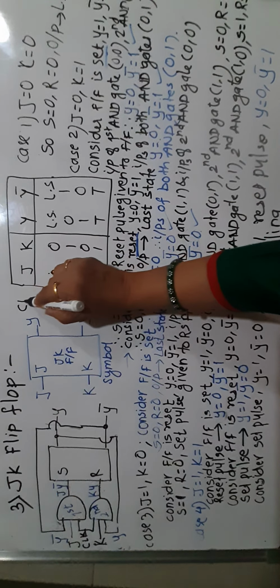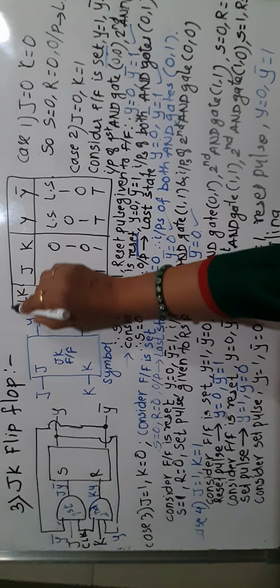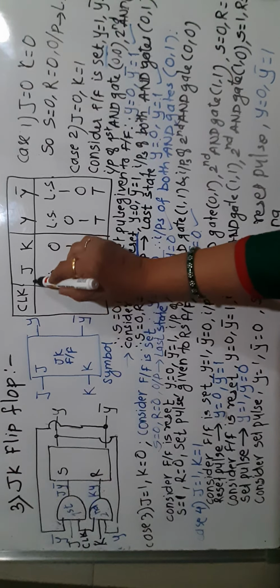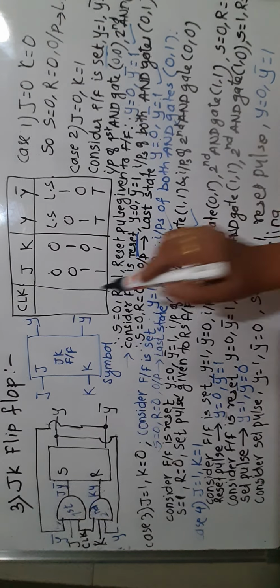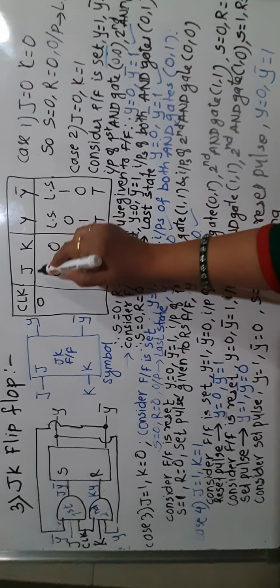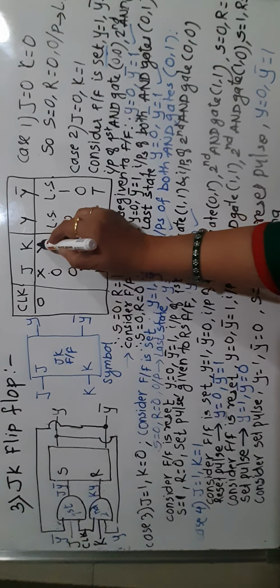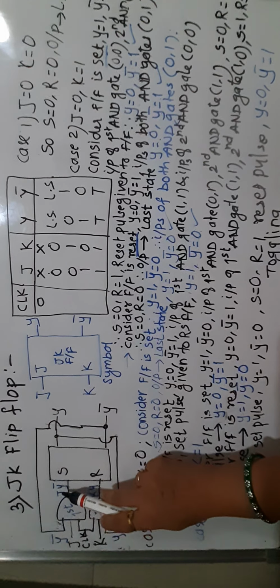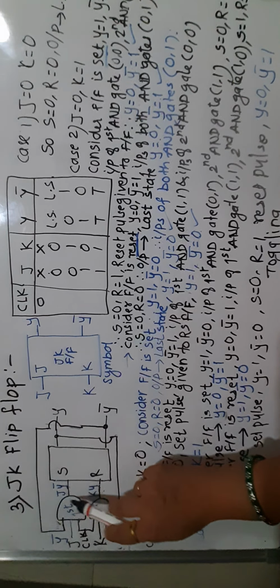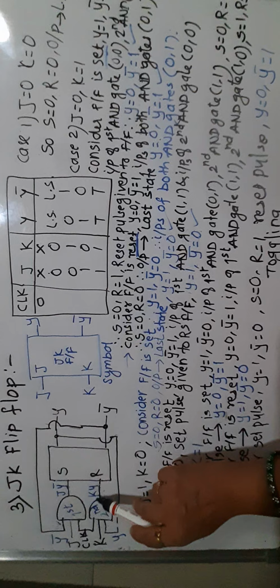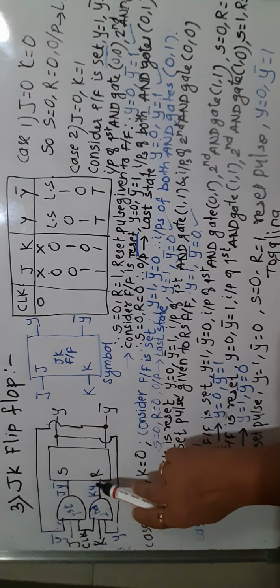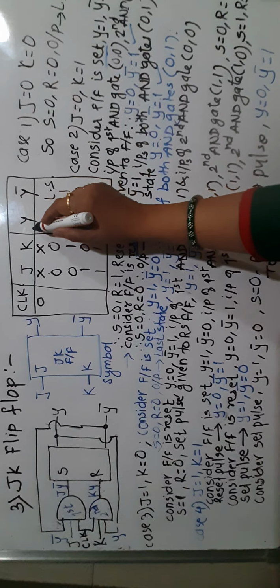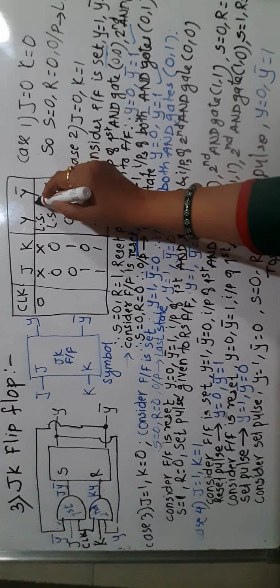Here we have to show the clock signal also. Initially when the clock is 0, it is a don't care condition, whatever be J and K. If the clock is low, at any cost the output of both AND gates will be 0 0, and as SR will be 0 0, we know the output will remain in the last state.